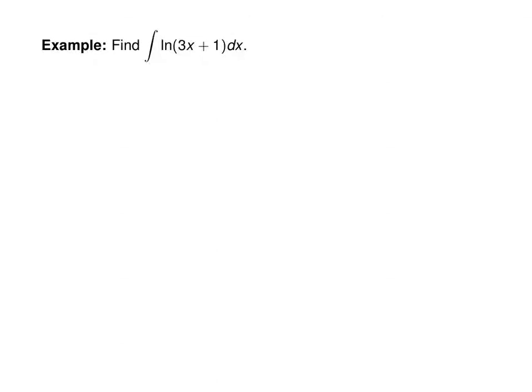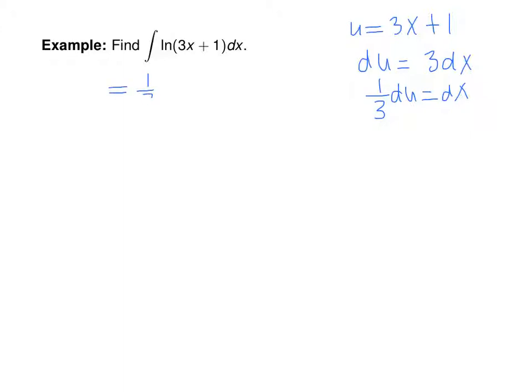Let's use that formula to find the antiderivative of ln of 3x plus 1. Make a u substitution and let u equal 3x plus 1. So then du is equal to 3 dx, or 1/3 du is equal to dx. So the integral of ln of 3x plus 1 is equal to 1/3 antiderivative ln u du. And apply the formula we learned in the last example.